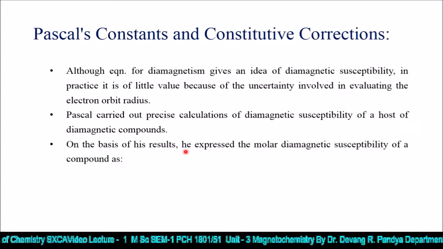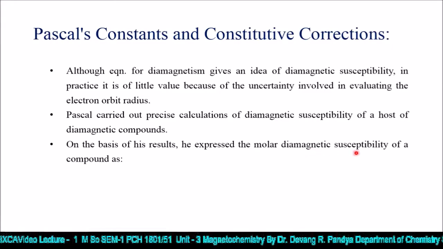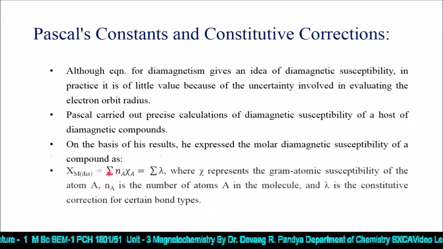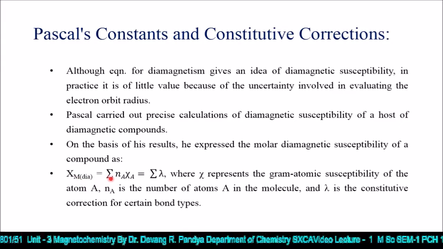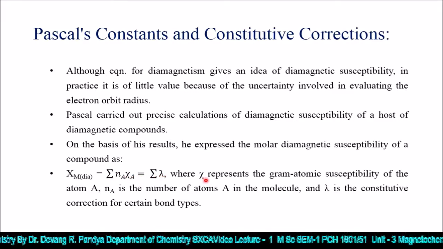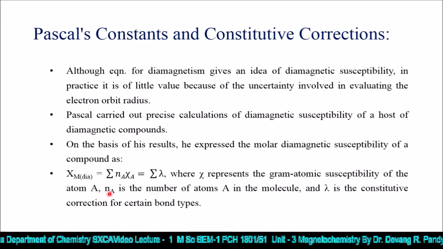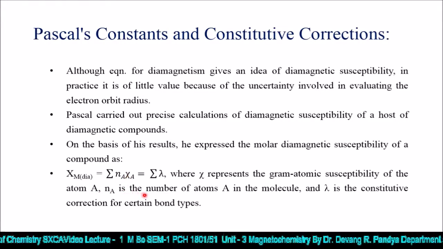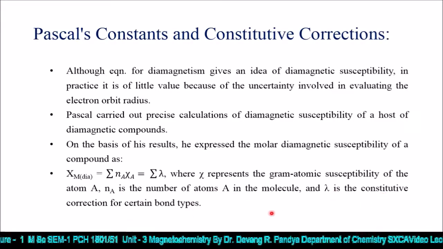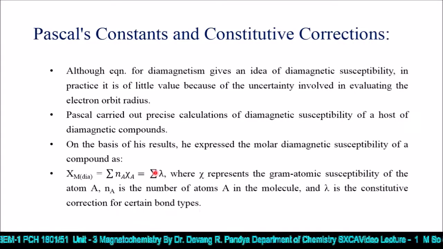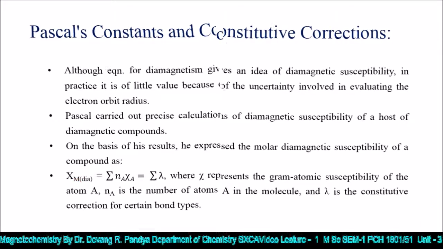On the basis of his results, he expressed the molar diamagnetic susceptibility of a compound as χ_M, that is molar diamagnetic susceptibility, equal to sigma N_A into χ_A plus sigma lambda, where χ_A represents the gram atomic susceptibility of atom A, N_A represents the number of atoms A in the molecule, and lambda is the constitutive correction for certain bond types. Here it is not gram, but molar magnetic susceptibility.